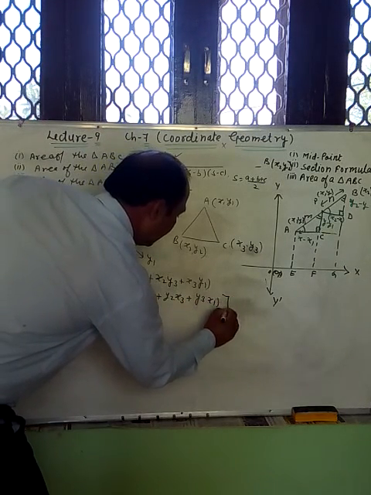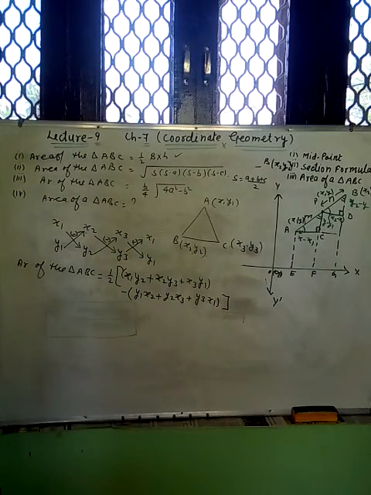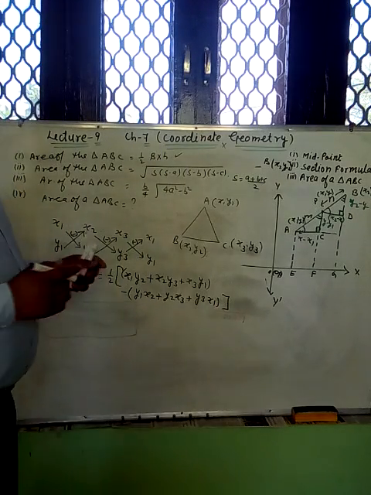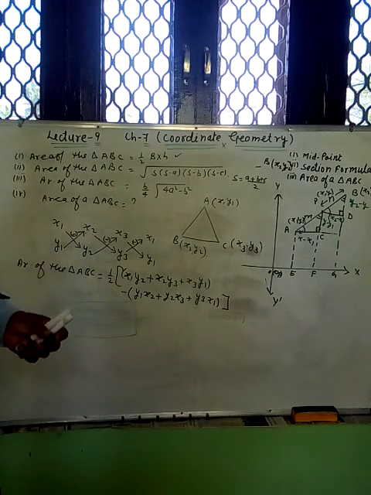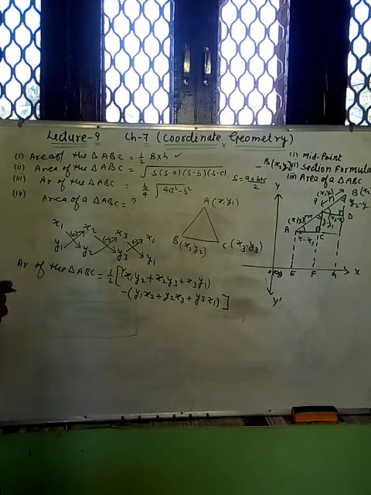This is the area of the triangle. This is the easiest way to find the area of this triangle.